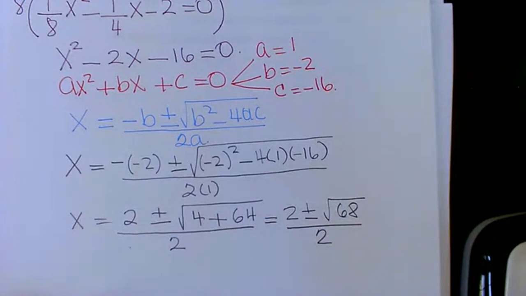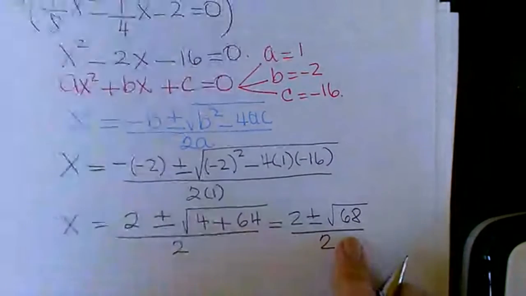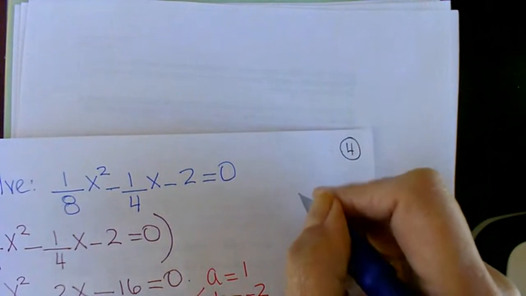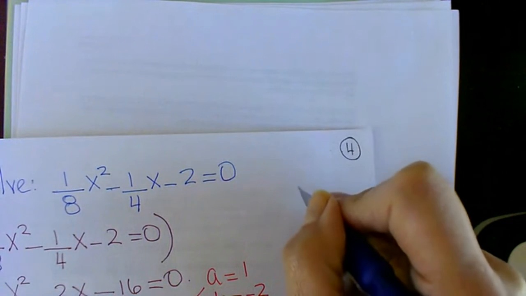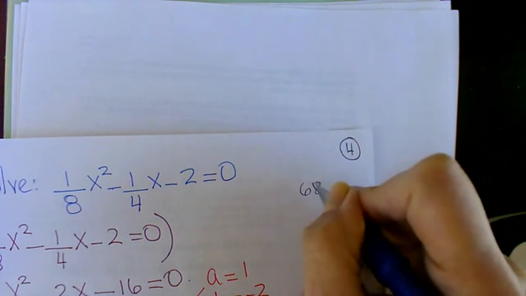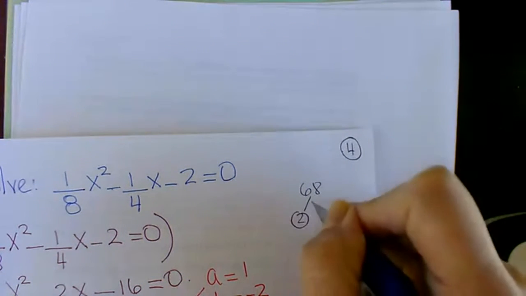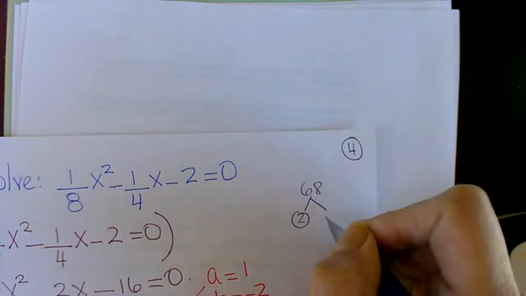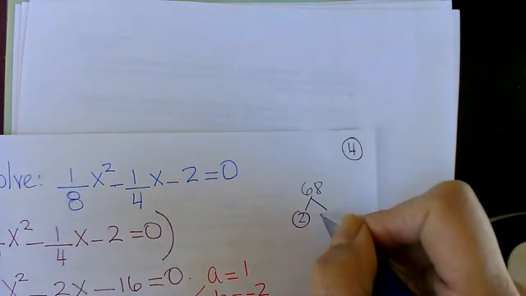And 68 is what? How do I get that? Let me just show you. How do I know it's the square root of 4 times the square root of 17? Okay, 68 divided by 2 is going to be 34.